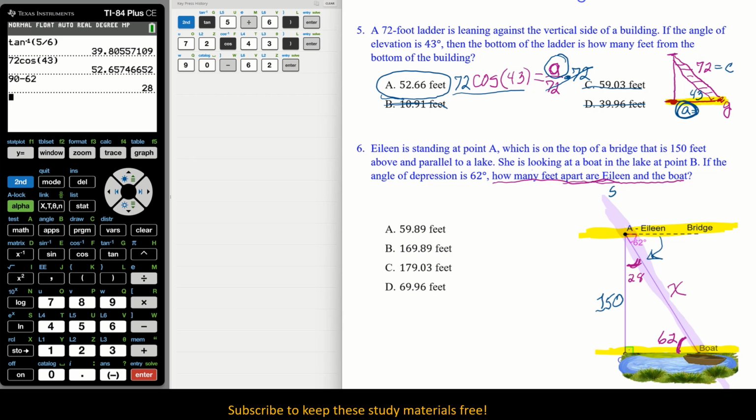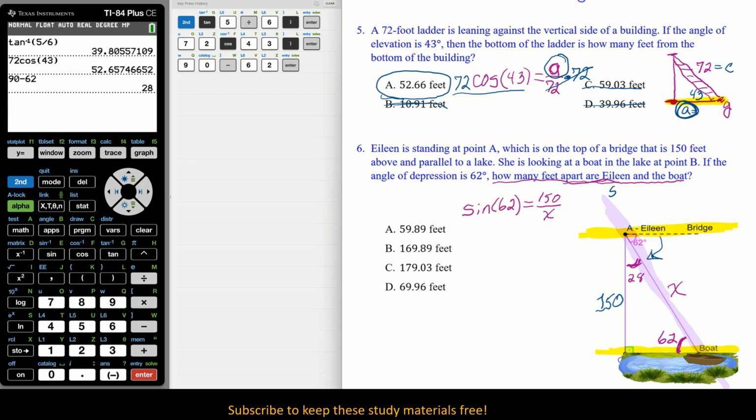Sure. So we could use sine of 62 equals what? Equals 150 over the x.